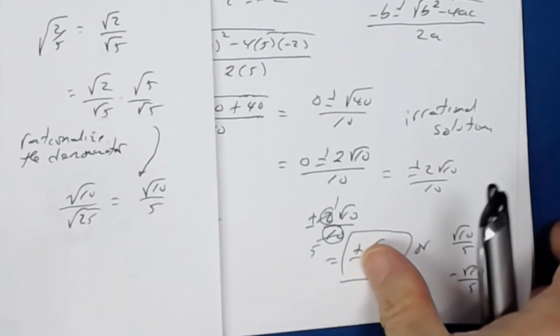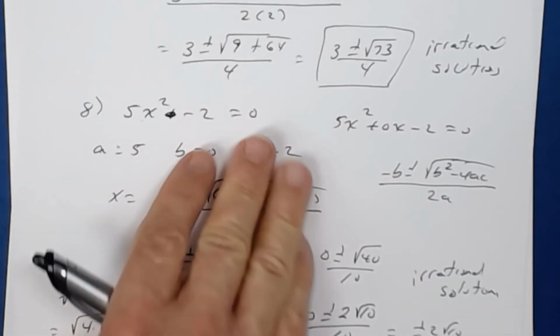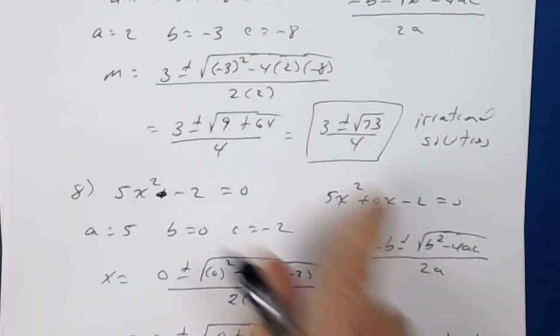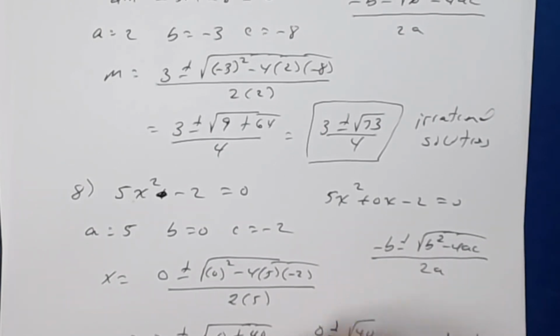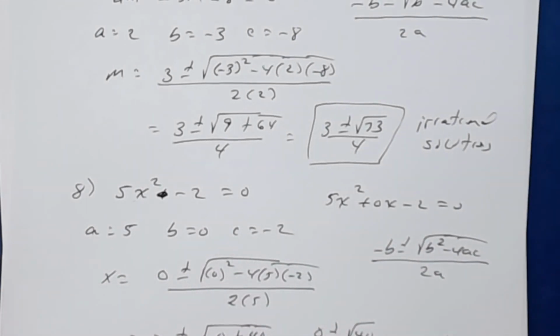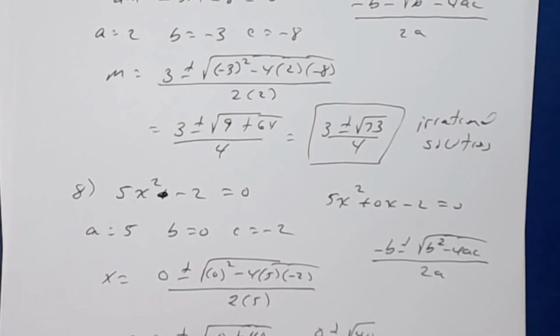Just keep in mind some things from last semester that you could have also used here. But remember, the whole point of part 2 of this lesson was to solve all these quadratic equations using the quadratic formula. The quadratic formula can be used with any kind of quadratic equation. Okay, so that's the end of this part.